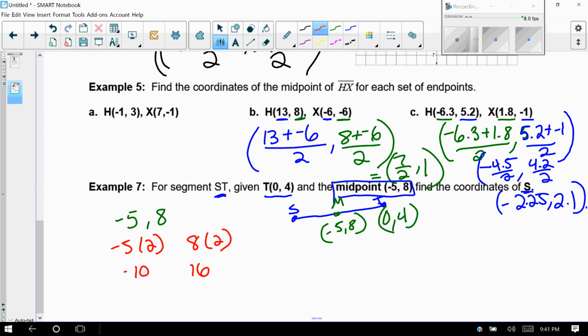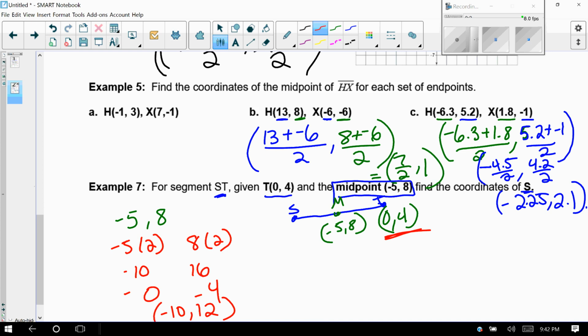And then we're going to subtract the endpoint. So I'm going to subtract 0 from the -10, which is nothing. Subtract 4 from the 16. -10 minus 0 is just still -10, right? So we still have -10, comma. 16 minus 4 is 12.